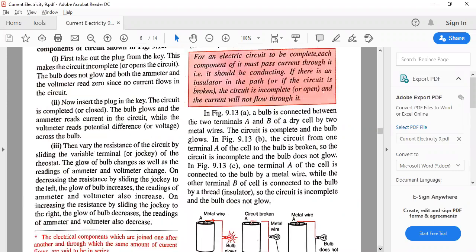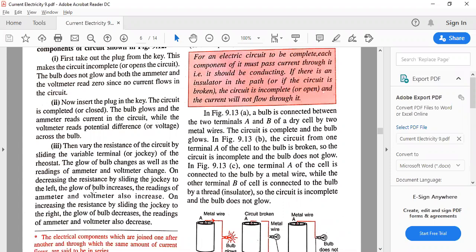Okay. Now if you want to change the resistance, what will happen? The glow of the bulb will change. Okay, so it will be brighter or dimmer, as well as you can read the reading of ammeter and voltmeter. So on decreasing the resistance, what will happen? The current will be more.